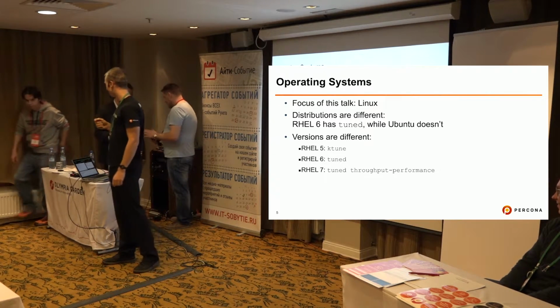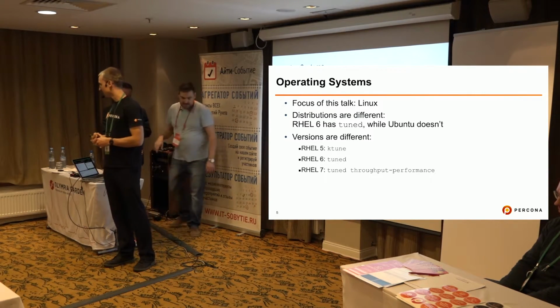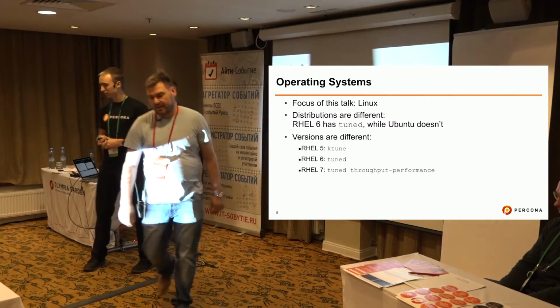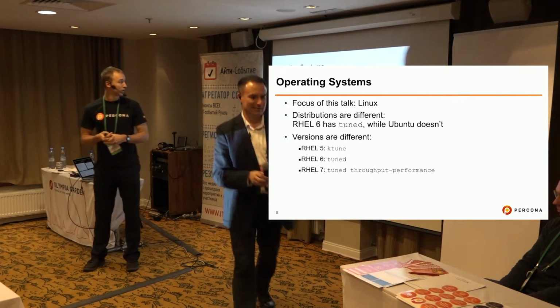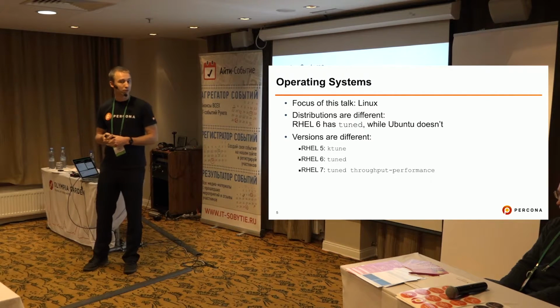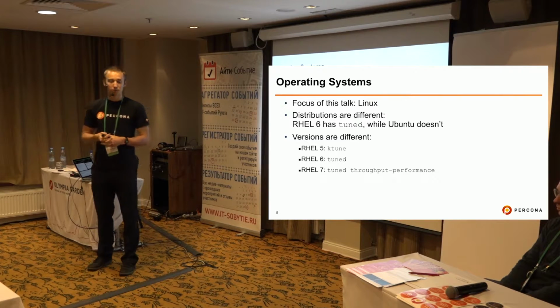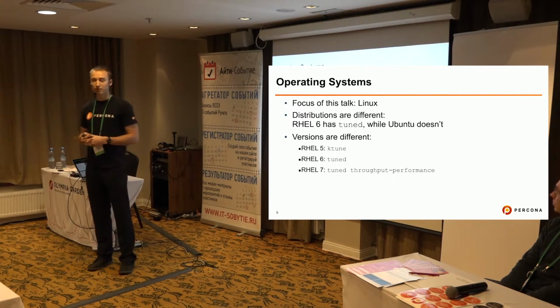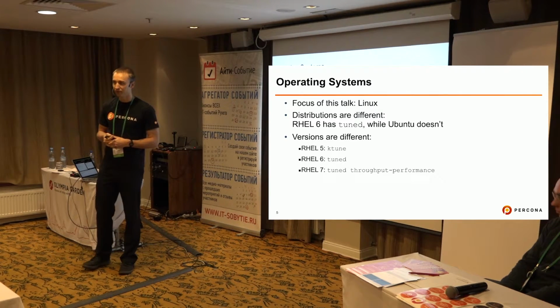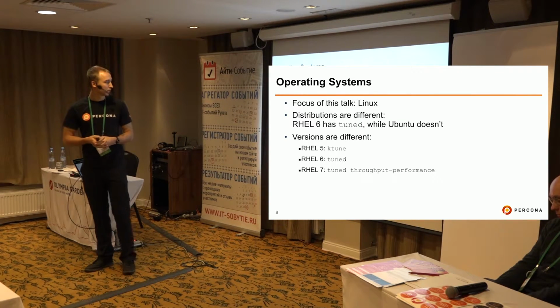So, yes, in older versions of Red Hat, in version 5, for example, there was a tool called Ktoon. For version 6 and later, you have TuneD, which has been greatly improved in version 7, so that's something that you should start with when you're preparing your hardware for the database.